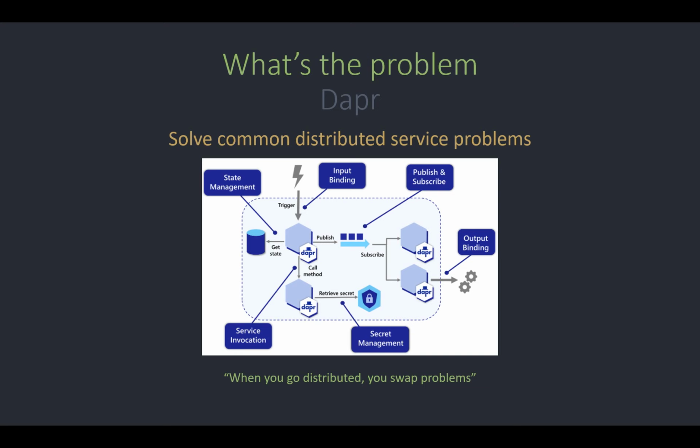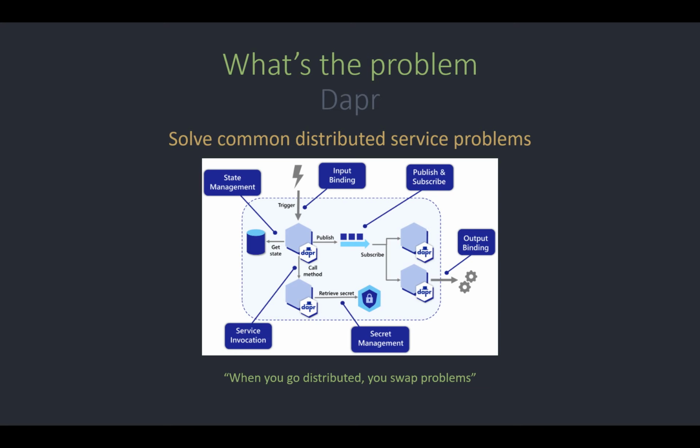First and foremost, if you are using some orchestration or architecture like microservices, distributed systems, message transfers, any kind of distributed system where you are building individual applications and deploying them, then you're going to run into a few problems.